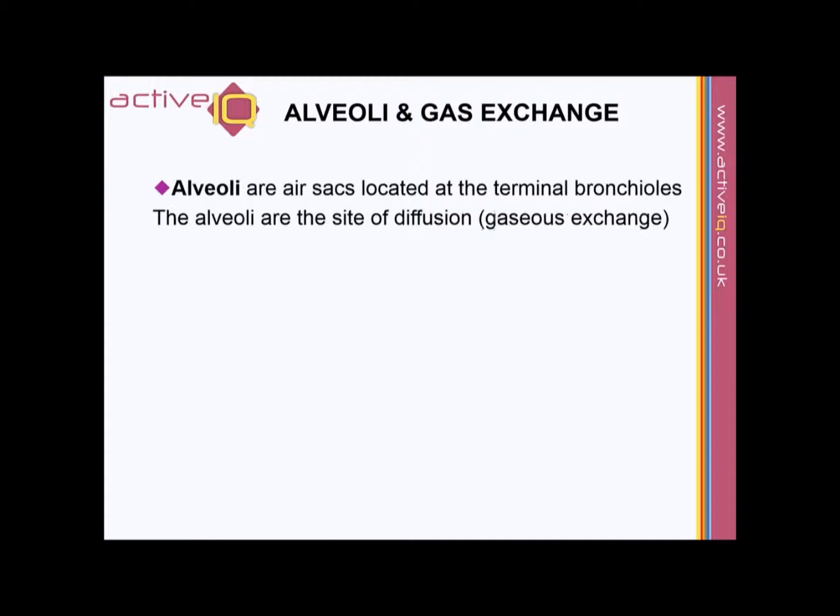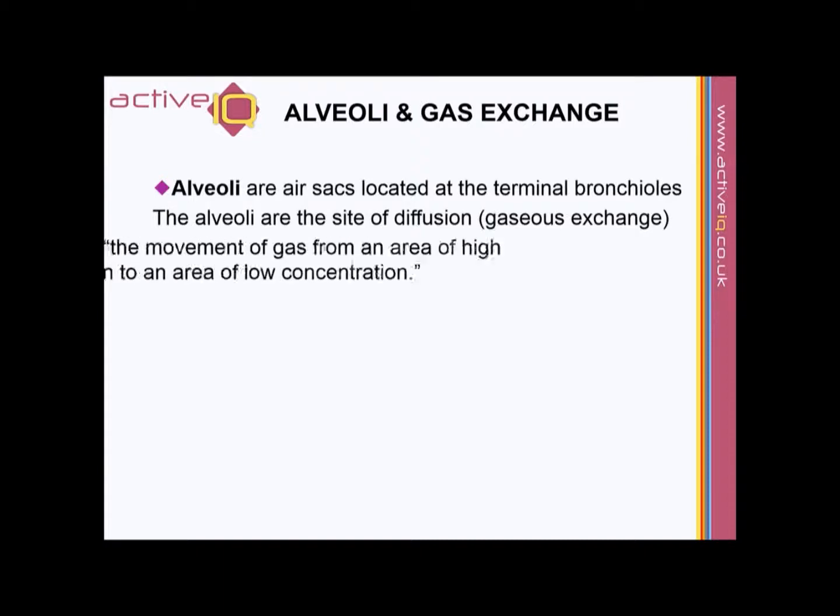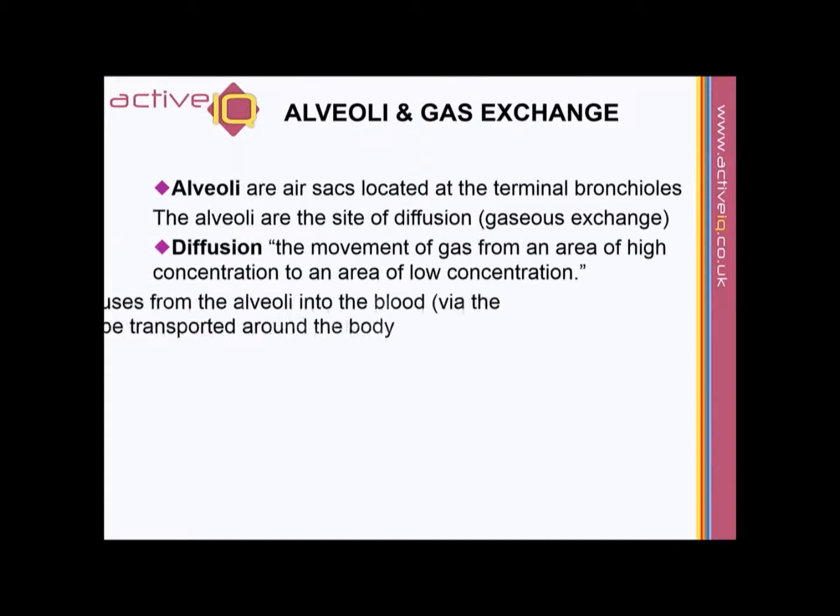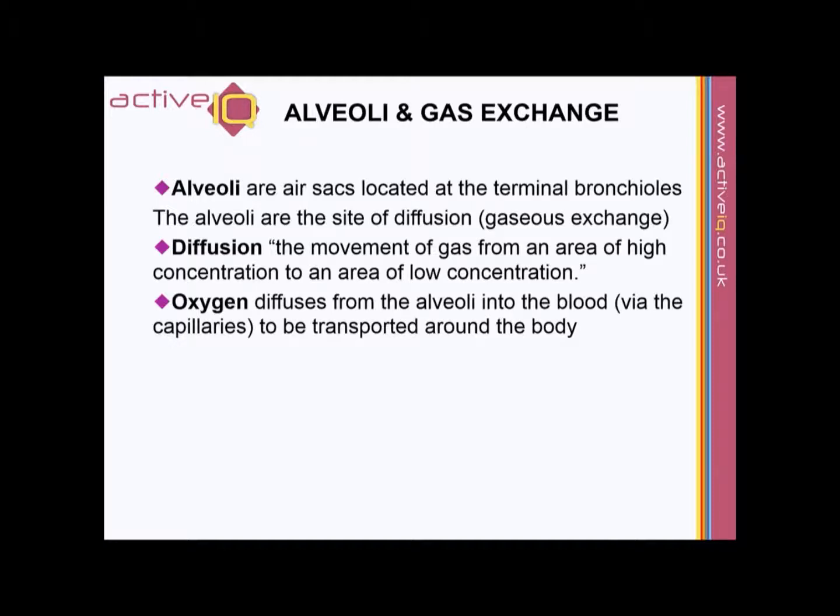We're going to look at alveoli and gas exchange now. So this is actually where oxygen enters the body and enters, more specifically, the blood. The alveoli are little air sacs that are located at the end of the bronchioles, and they're the site where this gaseous exchange or diffusion takes place. Diffusion is the movement of gas from an area of high concentration to an area of low concentration.